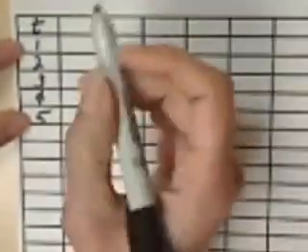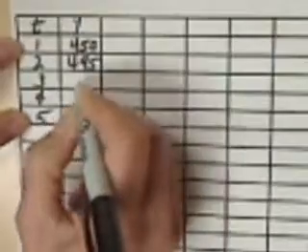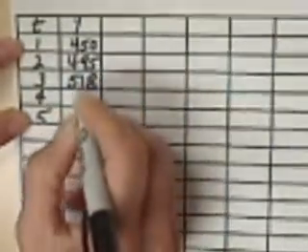And the time series is the actual y values: 450, 495, 518, 563, and 584.